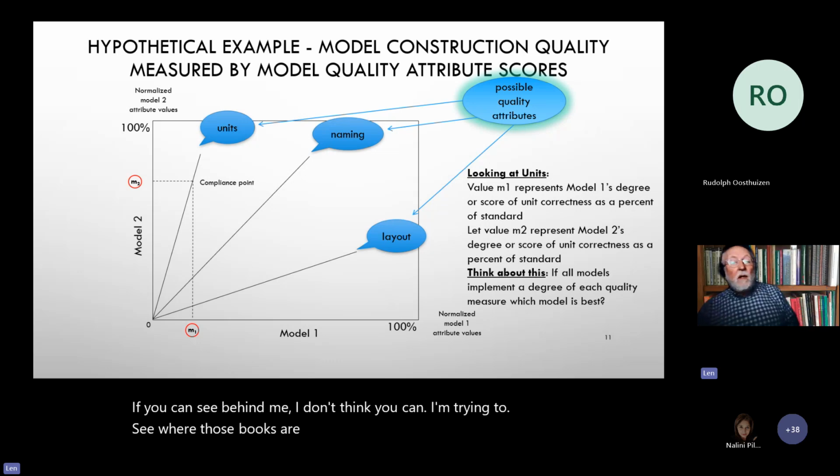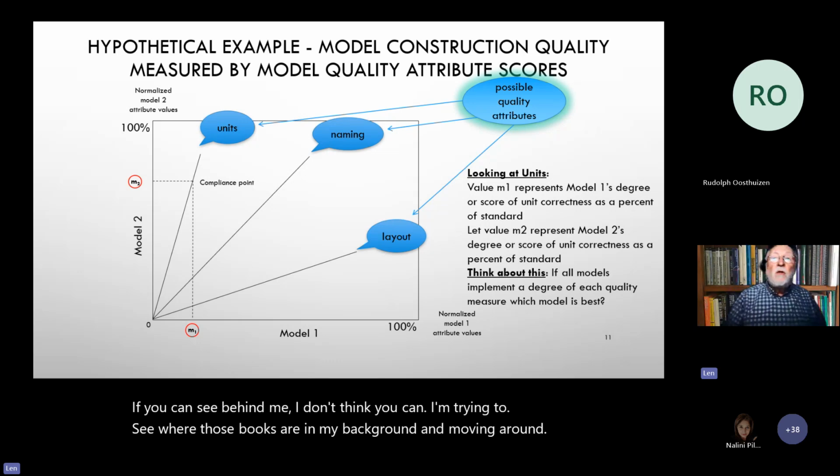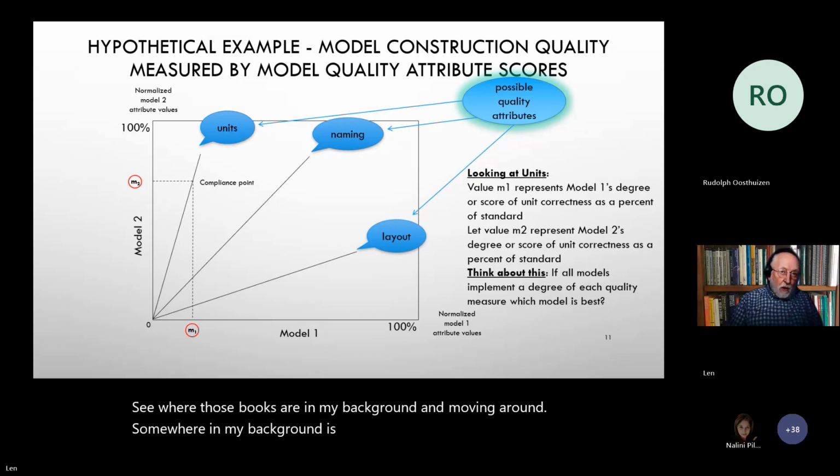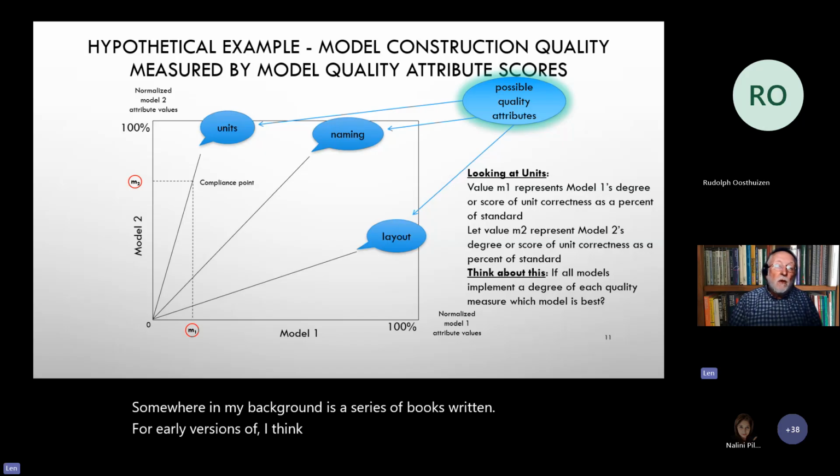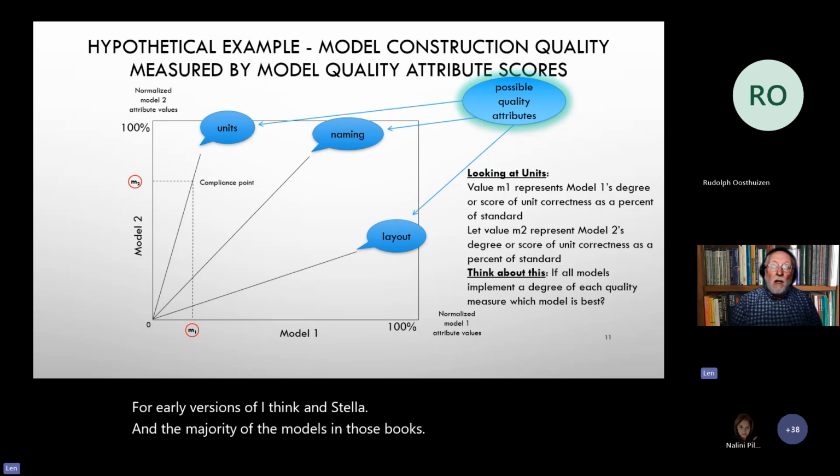Somewhere in my background is a series of books written for early versions of iThink and Stella. And the majority of the models in those books have variable names like X, Y, beta, etc. Is that quality?